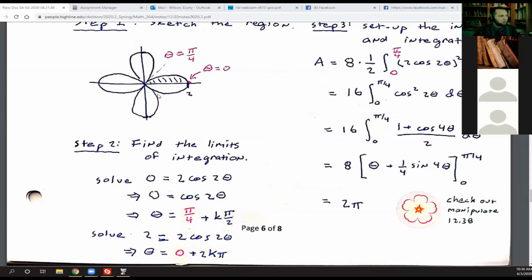And then we're here at 4 pi, and then we keep going around, and we're here at 6 pi. So the 2k pi would be saying 0 plus 2 times 0 pi, 2 times 1 pi, 2 times 2 pi, 2 times 3 pi, or 2 times negative 5 pi, 2 times negative 6 pi. So it's all the integer multiples of 2 pi. Does that make sense on the 2k pi?